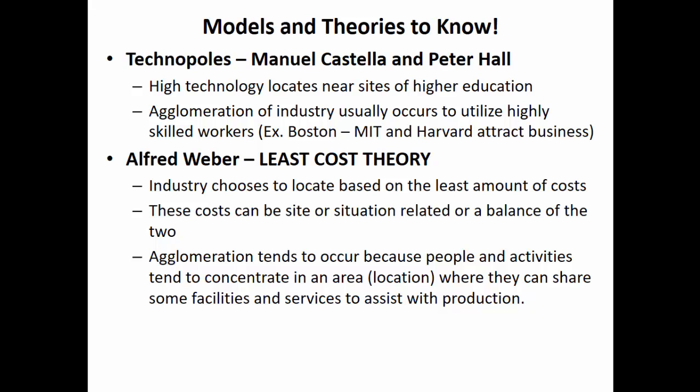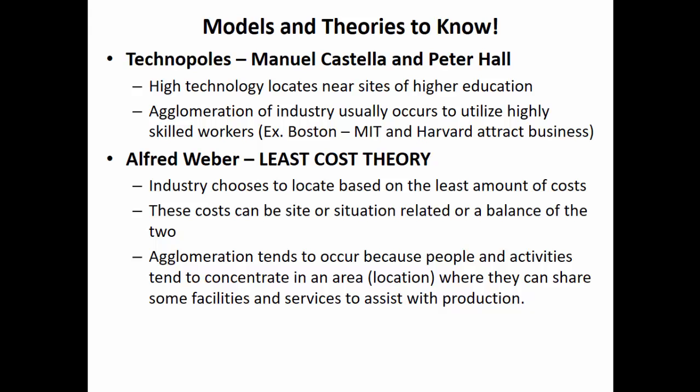Examples are Boston, which is a technopole. Tech companies tend to locate there to take advantage of MIT and Harvard, two very well-known schools, along with Boston University and Boston College, really strong schools that attract businesses to those areas. Austin is a technopole.